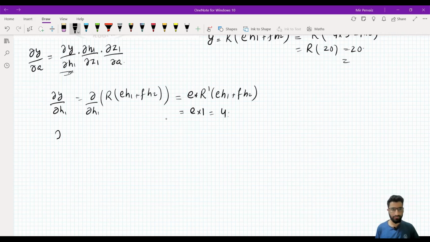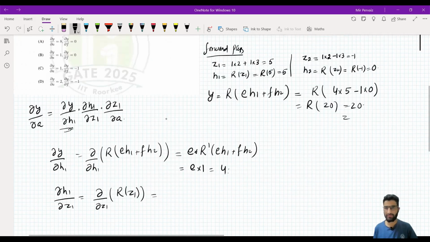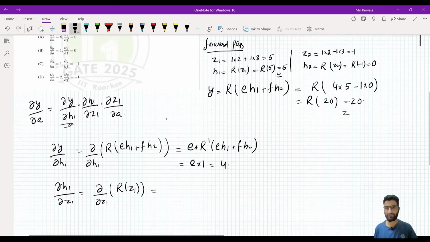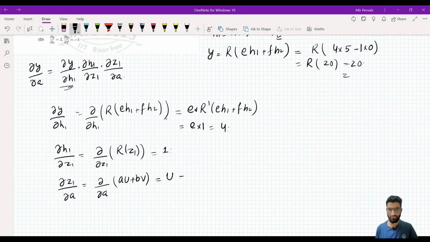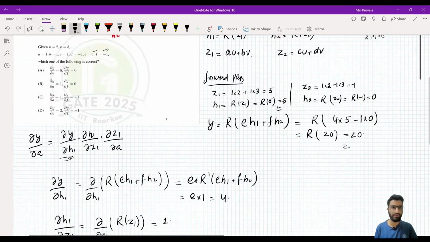Now let's calculate del h1 over del z1. This will be del over del z1. What is h1? This is ReLU of z1. At z1 the function is taking a positive value, which means its slope will be 1. So this will be 1. Now del z1 over del A: this will be del over del A, and z1 is AU plus BV, whose derivative is U, and U is given to be 2.